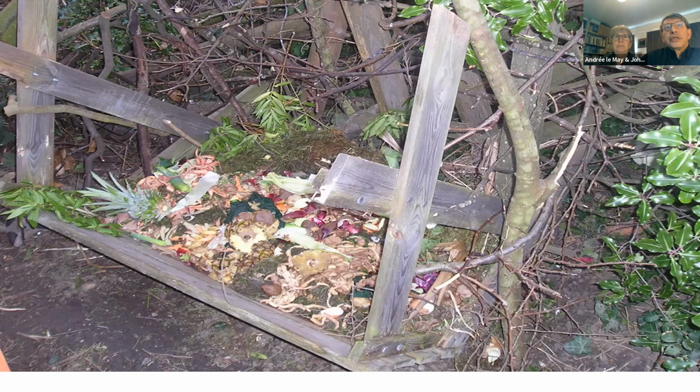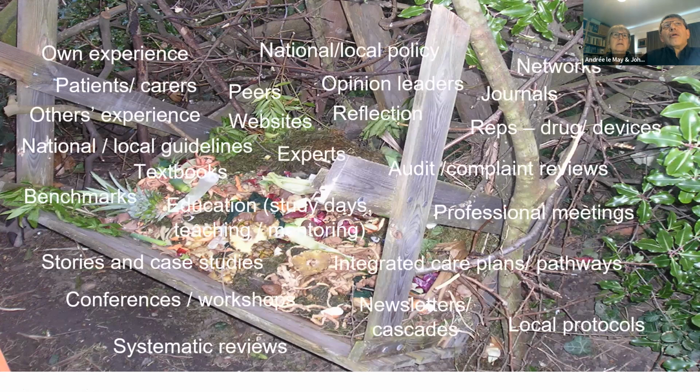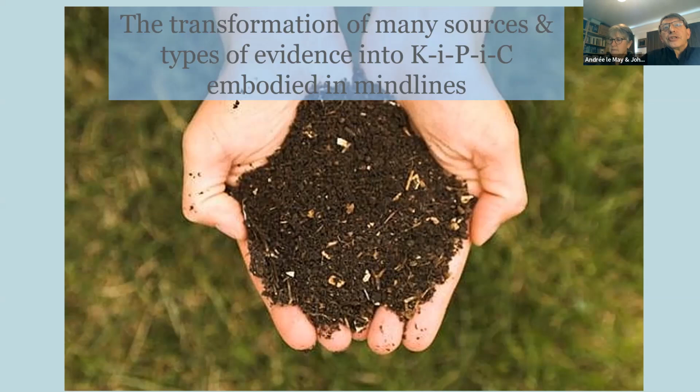So here's our compost heap from some years ago, and into that compost heap, and this is the analogy, go all of these sources of knowledge that we talked about earlier. And somehow they get within the practitioners' minds converted into this magical knowledge and practice in context, which is embodied in the mind lines.